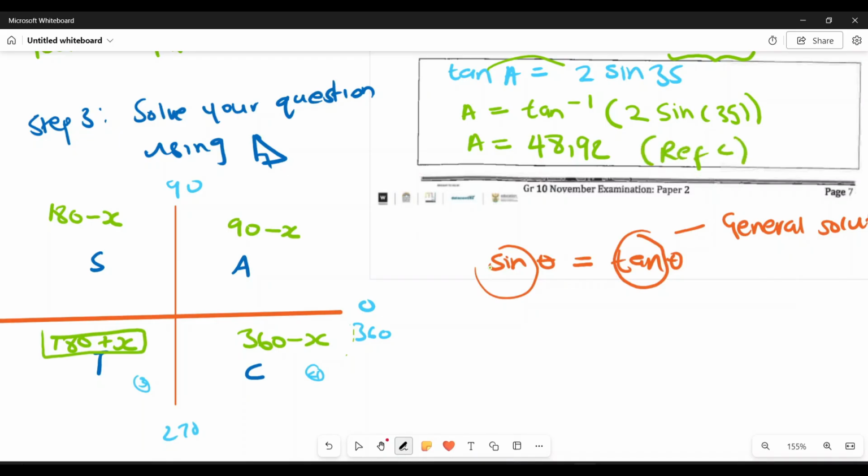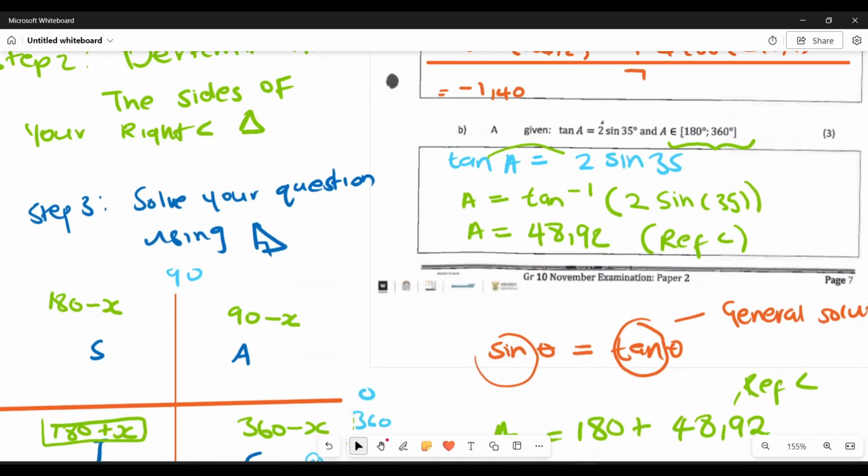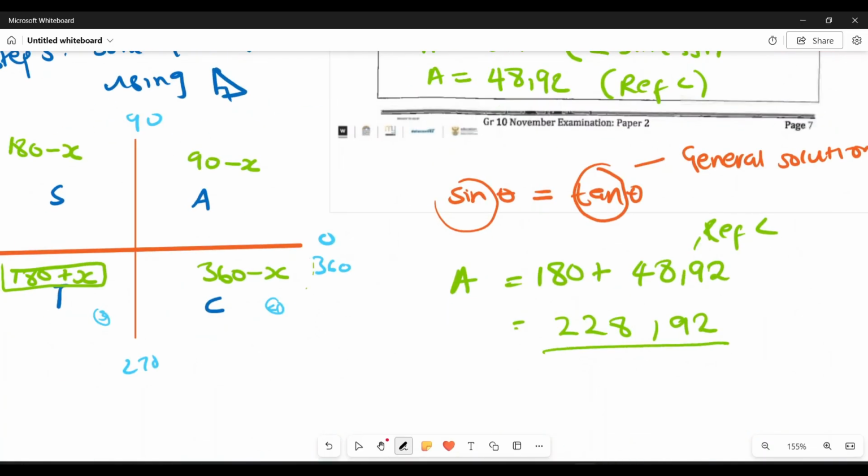To find our final answer, A will be equal to 180 plus our reference angle, which here is 48,92. Rounding off, A would be equal to 228,92. Now, as you can see, it's within the range we are given, and this would be your final answer.